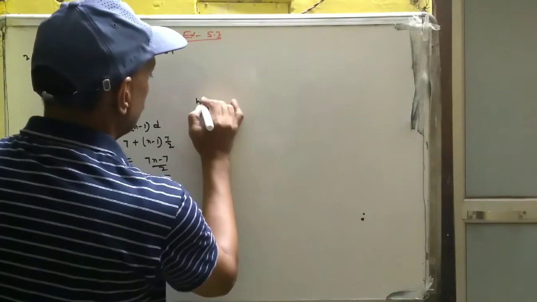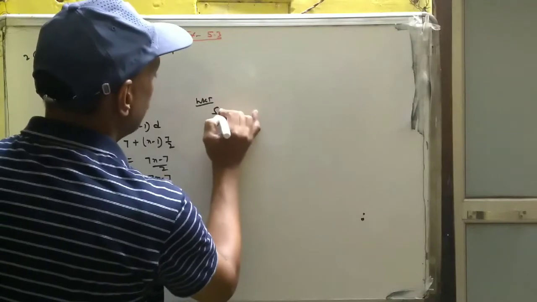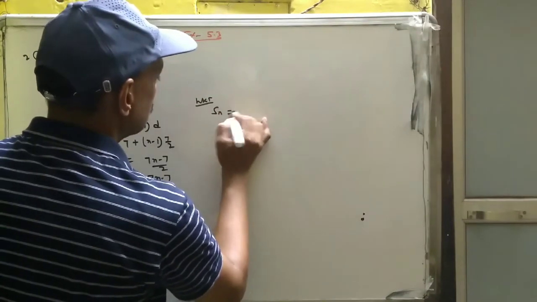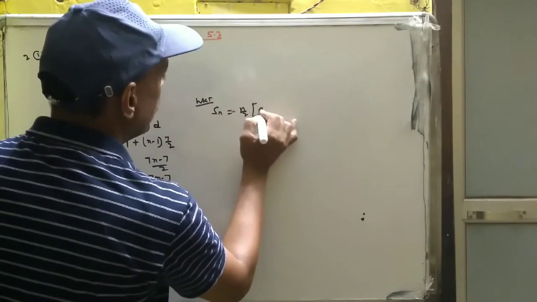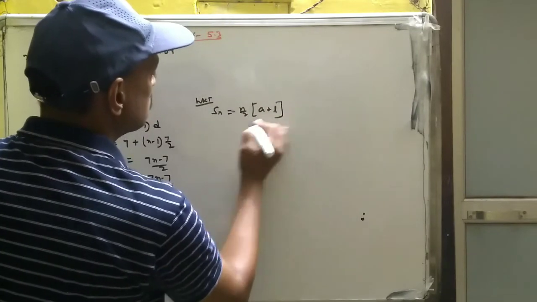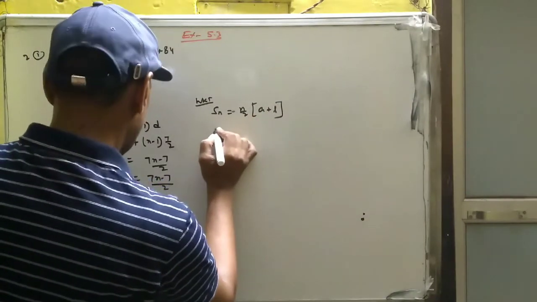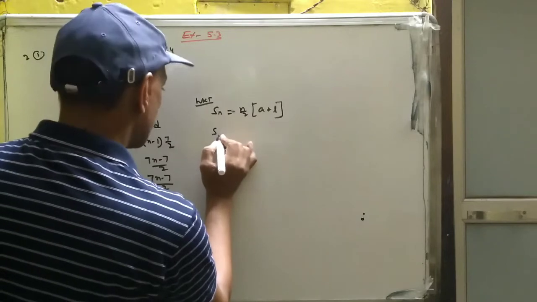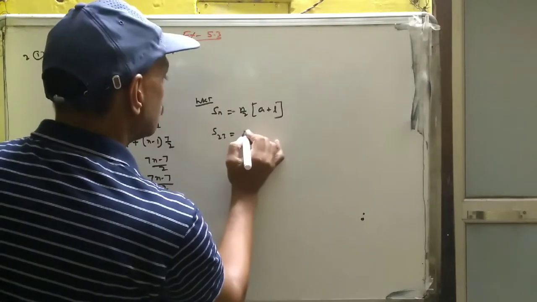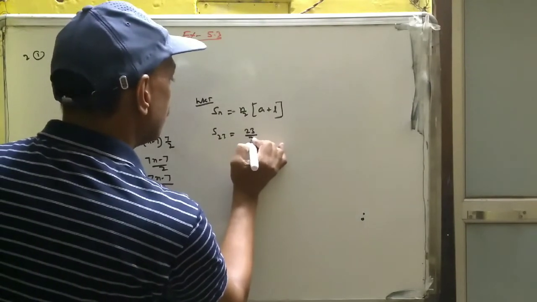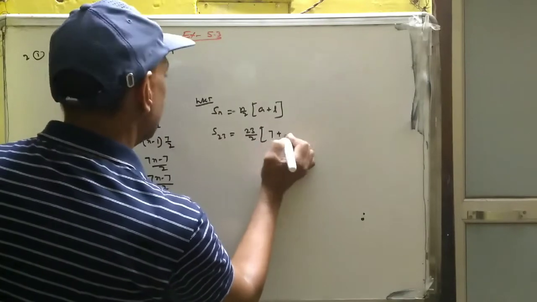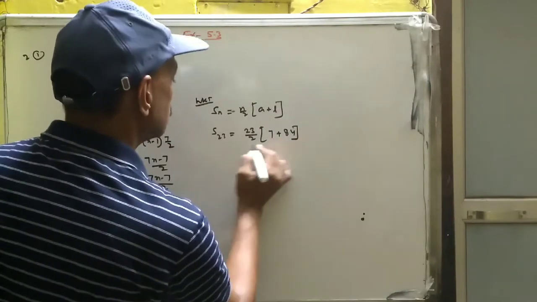So once we got the value of n, now we can find out Sn. So we know the formula Sn equal to n by 2 into a plus L. So by using this formula, we have to find out S23. So n is 23 by 2, a is 7 and L is 84.